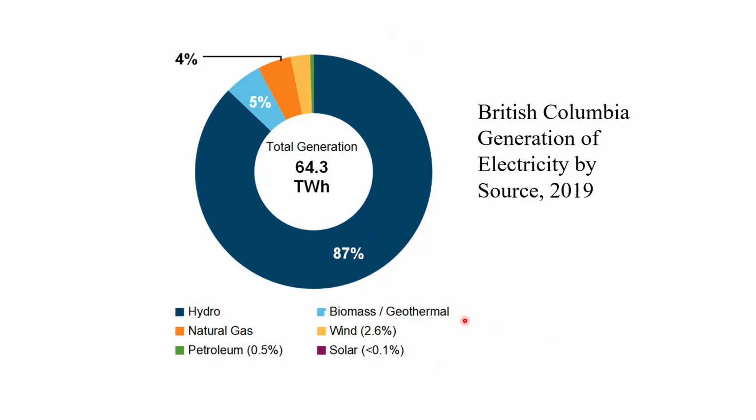Now contrast this with British Columbia, where 87% of the generation of electricity comes from hydropower. Remember British Columbia has many forests and a huge forestry sector. 5% comes from biomass and geothermal, 4% from natural gas, 2.6% from wind, and 0.5% from petroleum, and a sliver from solar.